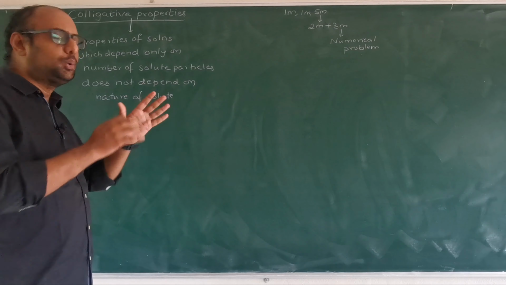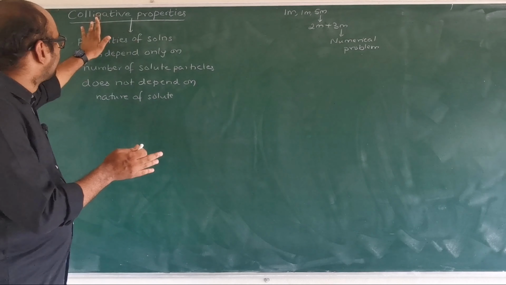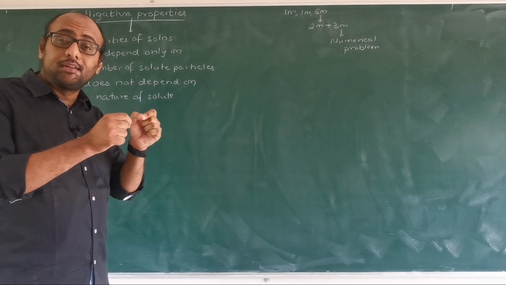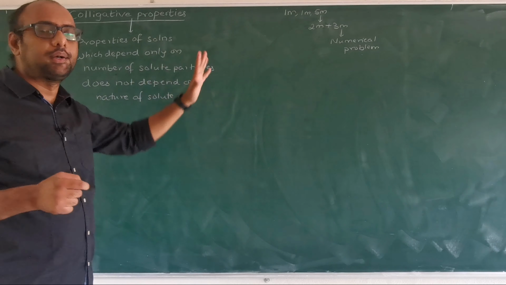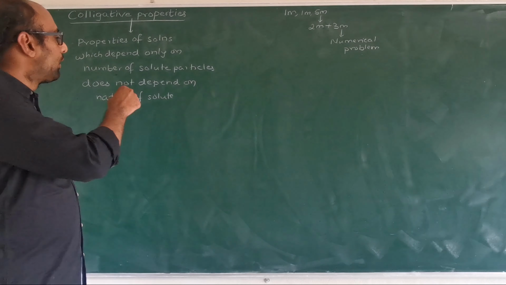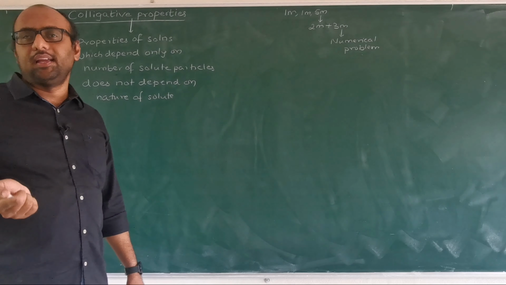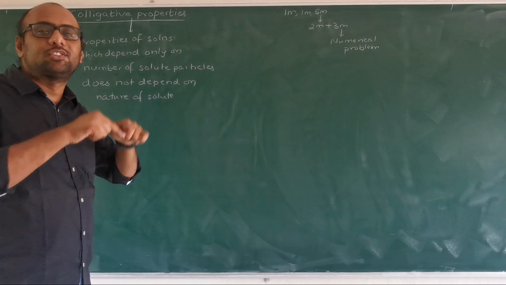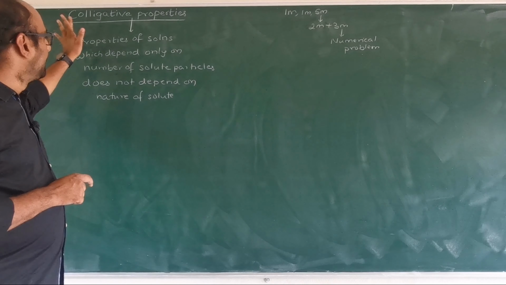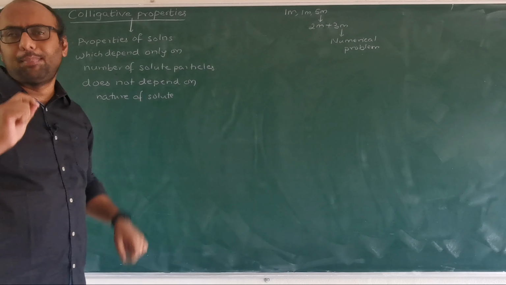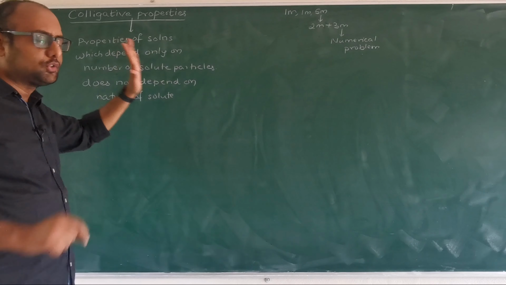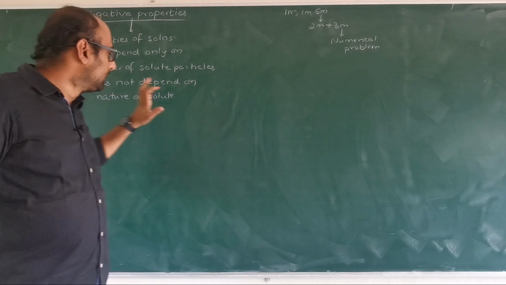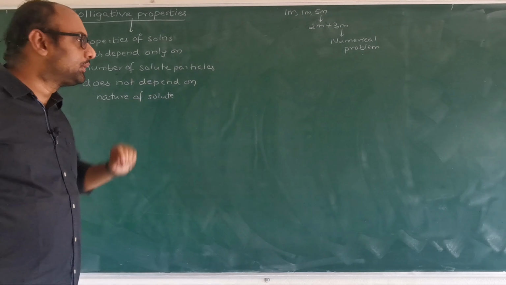So nature of solute does not matter in terms of colligative properties. What matters? Only the number of solute particles, how many solute particles are present in the given solution. That is what colligative properties depend on. So remember, colligative properties will only depend on the number of solute particles, not on the nature of solute.